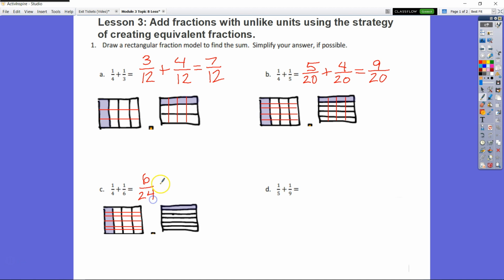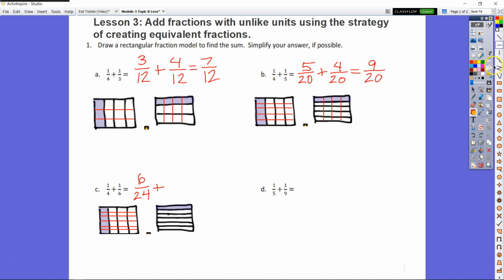6/24. Then I'm going to add that to, now each one of these 6 I'm going to split into fourths by adding 3 vertical lines. Let's go ahead and do that now. I have 1 in the middle, not quite the middle, but that's okay. 2, 3. So now I have 1, 2, 3, 4. Each one of those 6 are split into fourths.